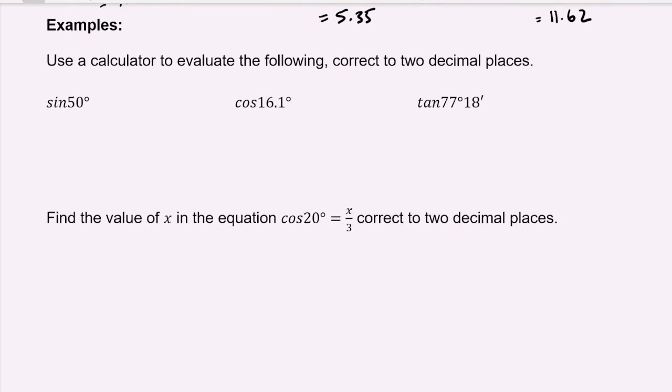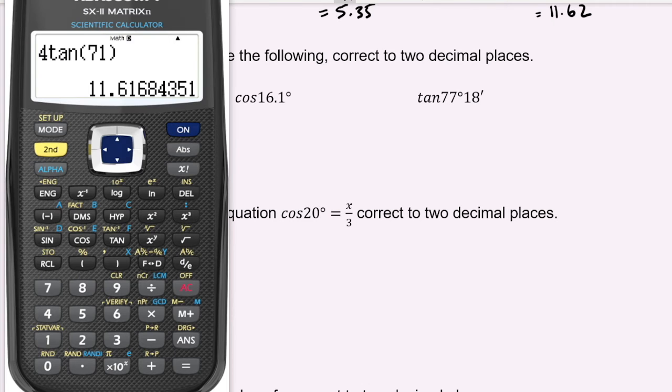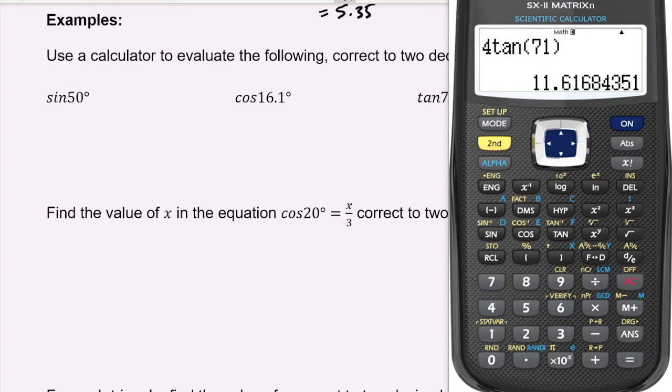So here we're going to use the calculator to evaluate the following correct to 2 decimal places. Now the buttons that we're going to press, obviously, if I bring up my calculator again, clear it up.